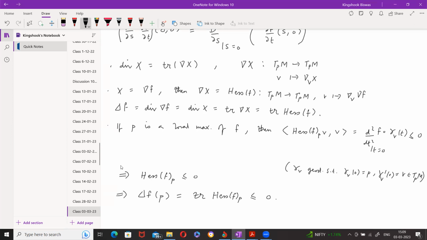Is this clear? Yes. So at a maximum, the Laplacian is less than or equal to 0. Similarly, at a minimum, the Laplacian is greater than or equal to 0. So this is useful.